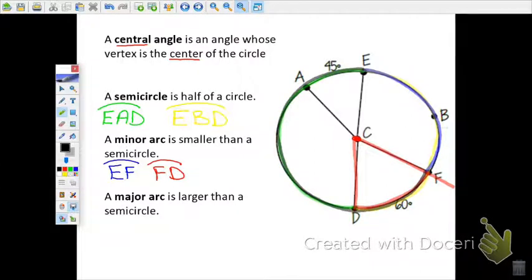It still starts and ends at EF, but we need to have a letter that's on that arc also. So we have several options. We could use the letter A or the letter D, whichever one you want to use.